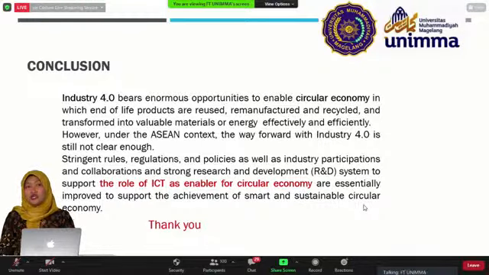Strengthen regulation, policy, as well as industry participation and collaboration, and a strong research and development system to support the role of ICT as an enabler for circular economy. These essentially need to be improved to support the achievement of a smart and sustainable circular economy.